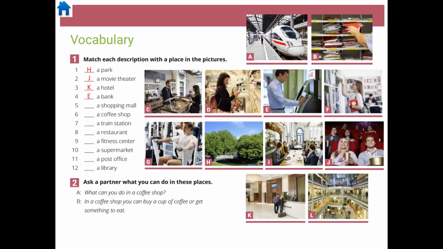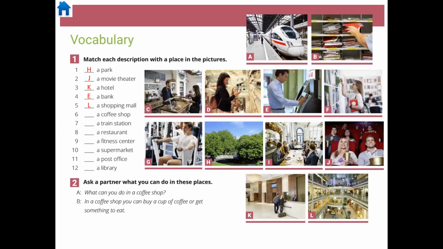Number four, a bank. That one's E. Number five, a shopping mall. That's L. We can sometimes call a shopping mall a shopping center or a department store, all very similar.